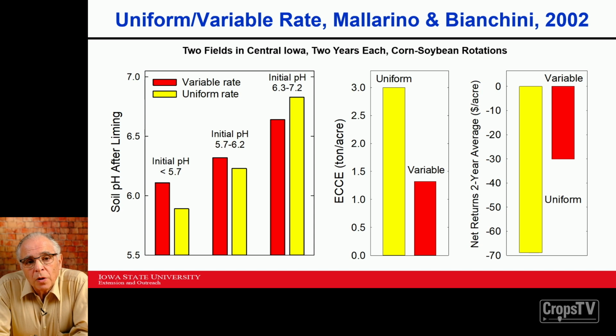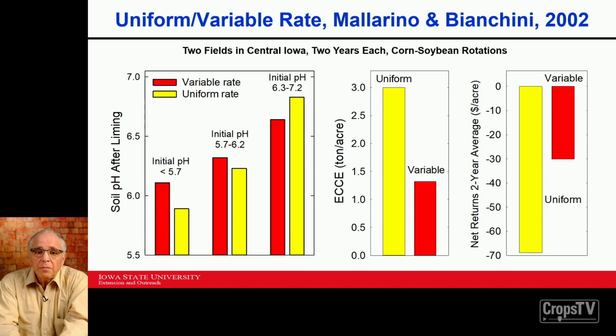But when the initial pH was 6.3 to 7.2, we increased the pH more with a uniform rate, because still we're applying more there, but with the variable rate we apply less.